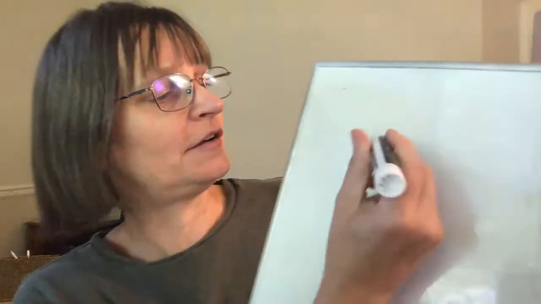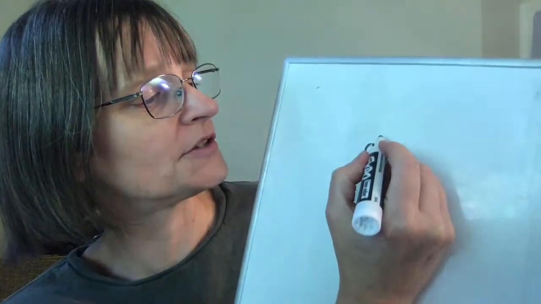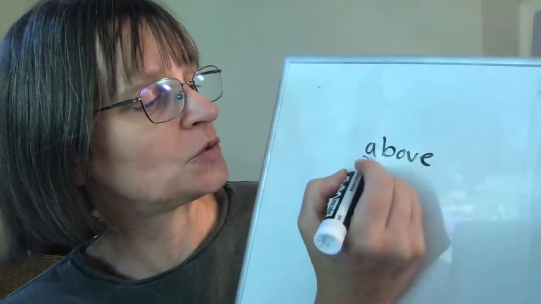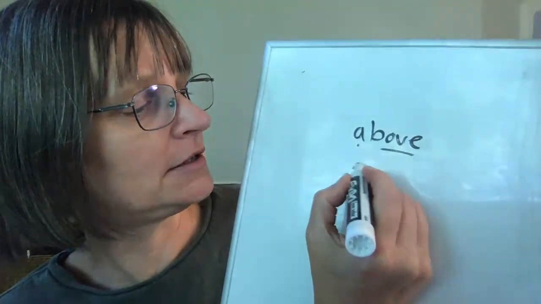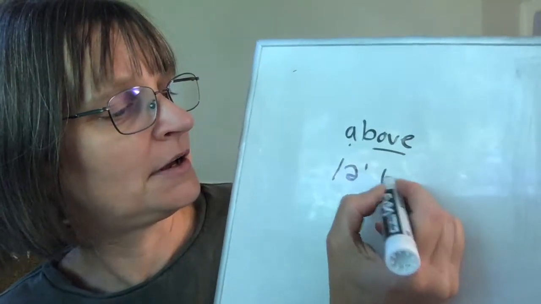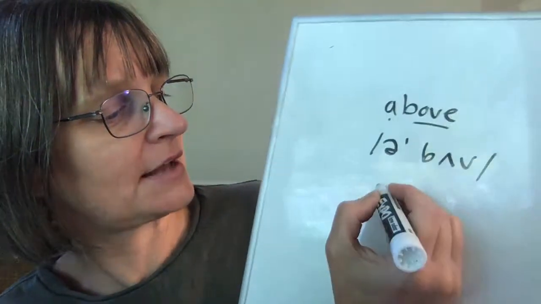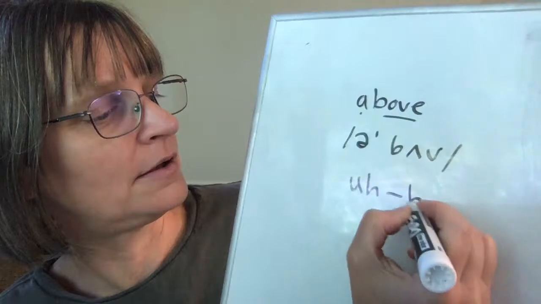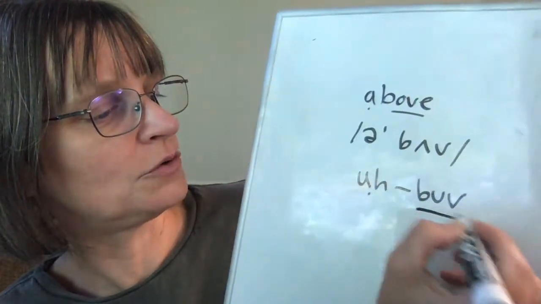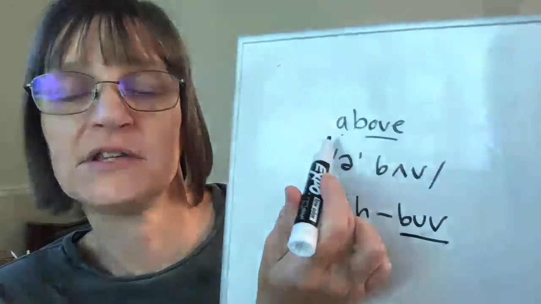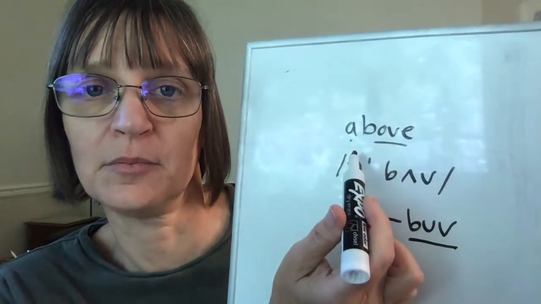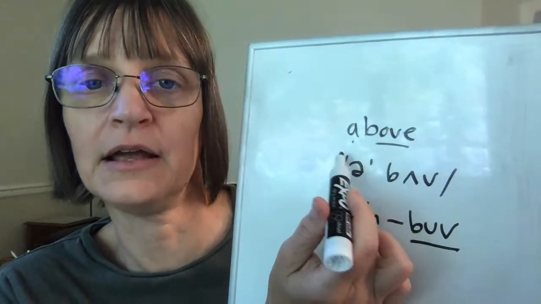In the word above, I have two schwas. I have my unstressed schwa here, short, and my stressed schwa here, long. It looks like this in the dictionary. Above sounds like above, short, long. The errors I might have, maybe when I see that A, I might say something a little bit more like an A or an ay.